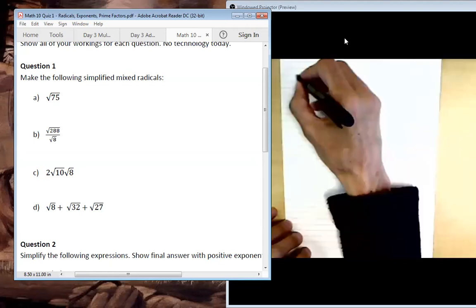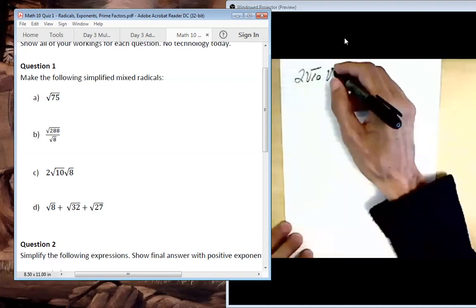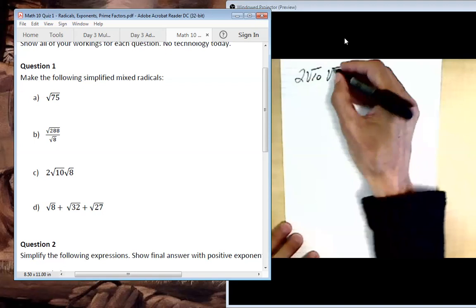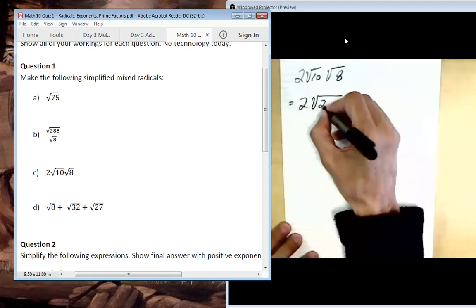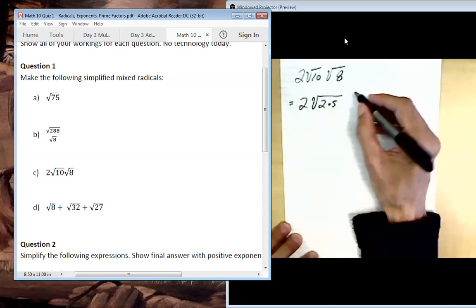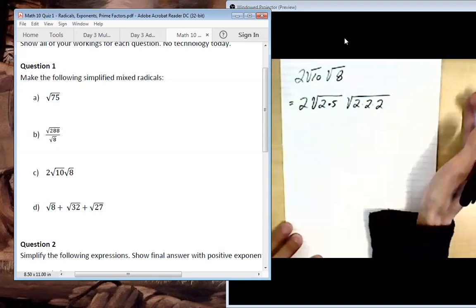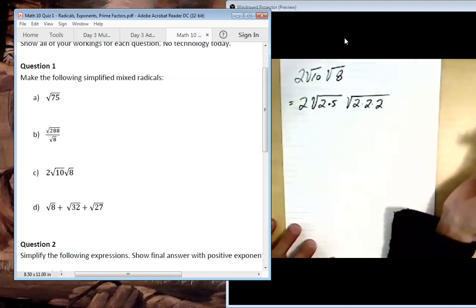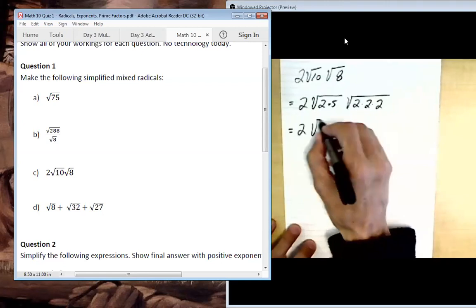I got a 2, a root 10, and then a root 8. So I would see a 2 on the outside, a 2 and a 5 from splitting that up. Then I would go all the way down, 2, 2, 2 like that. Combine them all together now.